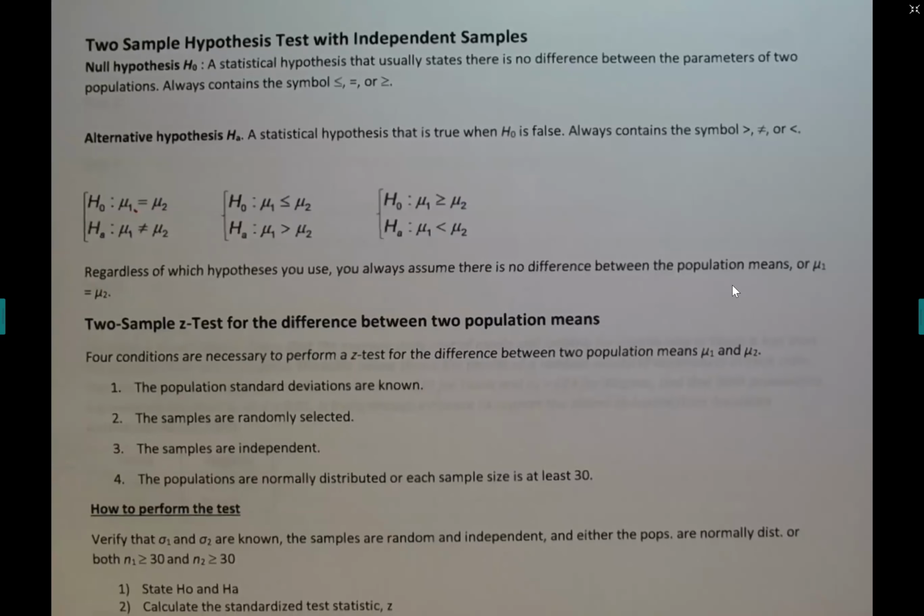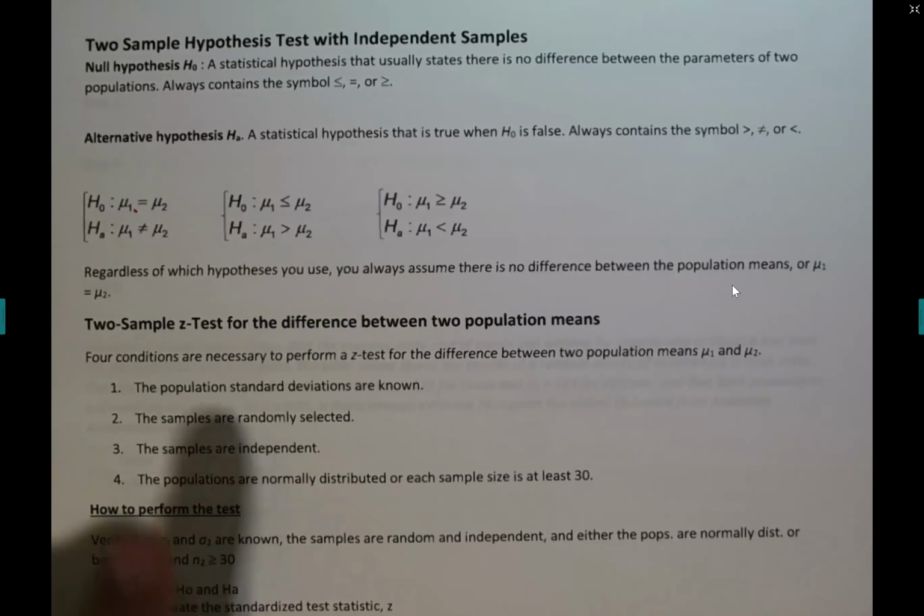We're going to begin with the two sample Z test. We called it in chapter 7, guys, Z test. Now we're going to call it two sample Z test when sigma 1 and sigma 2 are known. In chapter 7, it was when sigma is known. Now sigma 1, population standard deviation 1, and sigma 2, population standard deviation 2, are known.